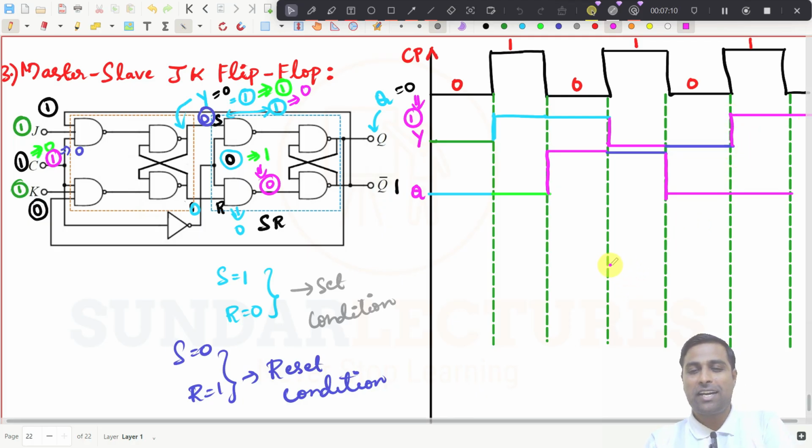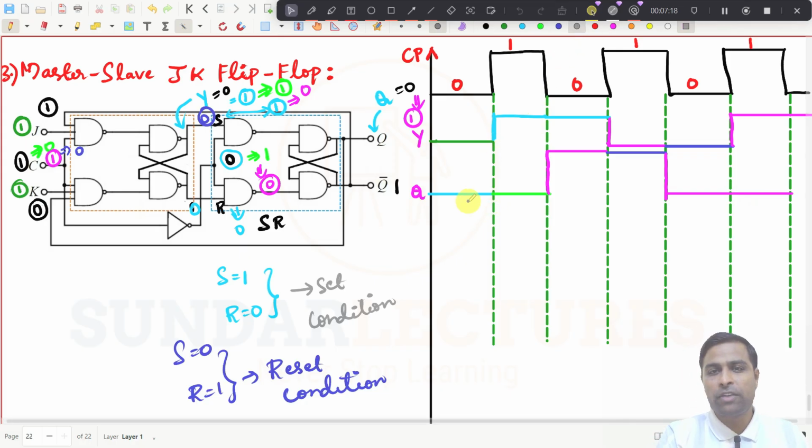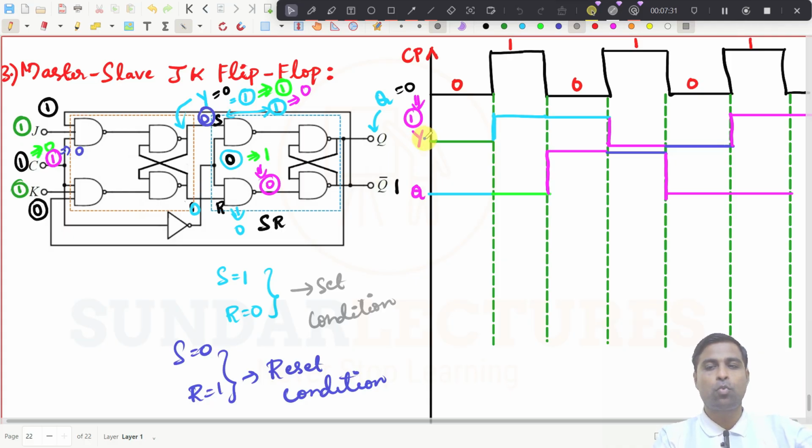So what is happening here? The output of the flip-flop is actually inverting. See here, the output of the flip-flop is inverting, right? That is what we need. J is equal to 1, K is equal to 1, then what should the output be? The output should change from 0 to 1 and 1 to 0. That is the real expectation from a JK flip-flop, and that is actually happening here.